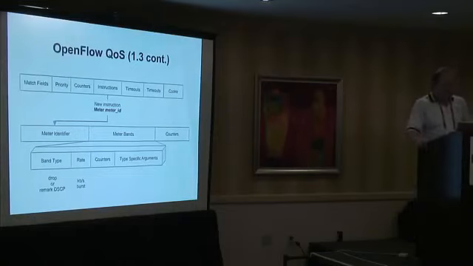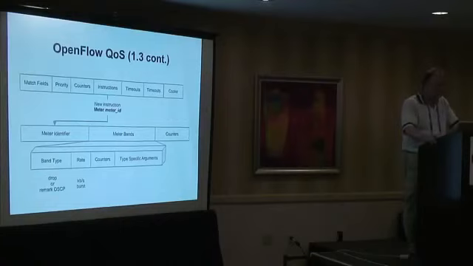And maybe in meter number 3, there are 2 meter bands. And the first one is 100,000 bits per second to 200,000 bits per second. And the next one is 200,000 bits to 500,000 bits.